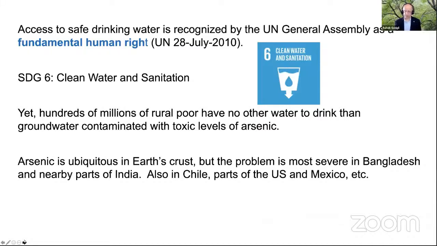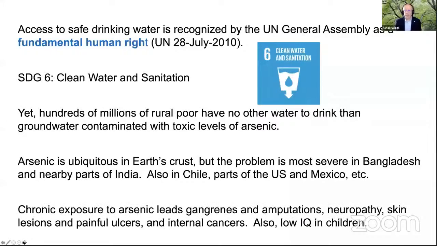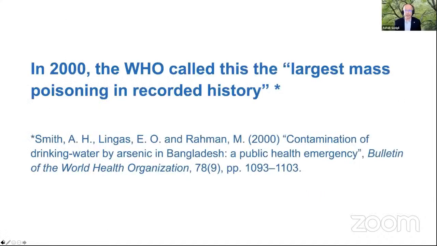Arsenic is everywhere, but the problem is most severe in Bangladesh and nearby parts of India. Chronic exposure to arsenic causes numerous horrible health effects, which are listed in the slide. In the year 2000, WHO called this the largest mass poisoning in recorded history.